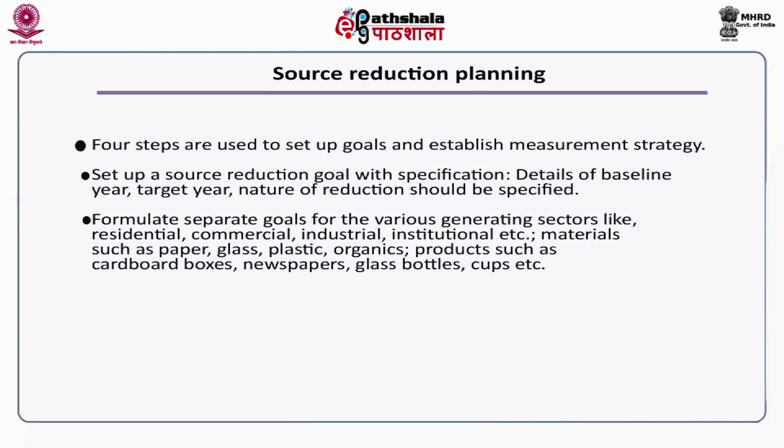One more thing you have to keep in mind while formulating separate goals for various generating sectors is that you can also have a separate goal for each material, like paper, glass, plastic. For each of them you can have a separate goal, and the separate goal can also be made based on the product, like cardboard boxes can have a separate goal, newspapers can have a separate goal, and so on and so forth.